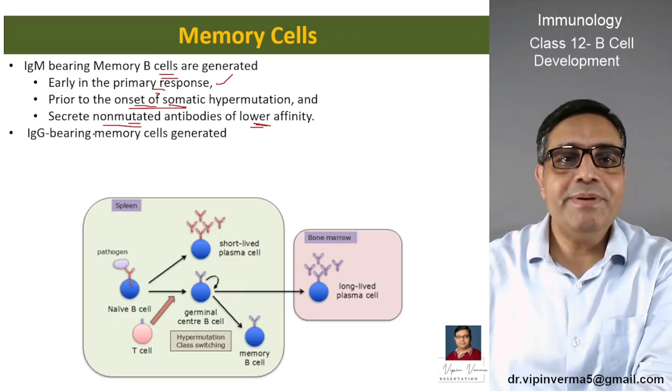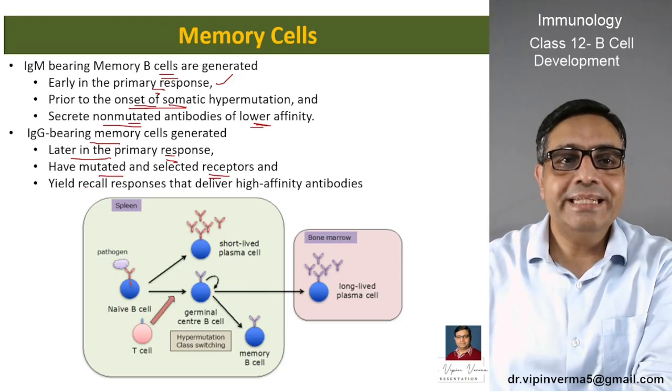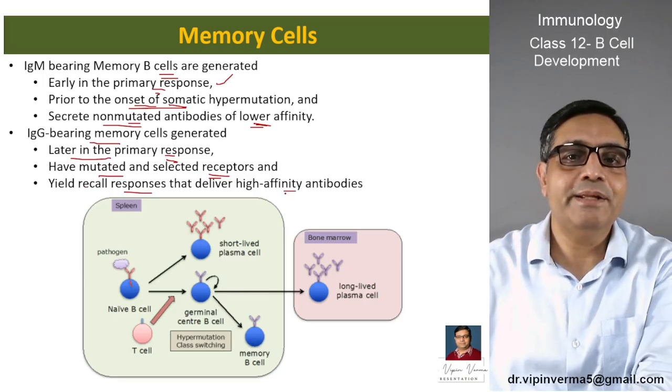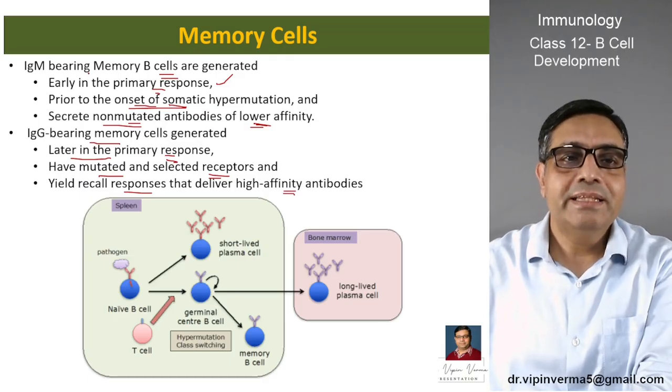While IgG bearing memory cells are generated later in the primary response. They have mutated and selected receptors, and they yield a recall response that delivers high affinity antibodies. So here is the difference between IgM bearing memory B cells and IgG bearing memory B cells.